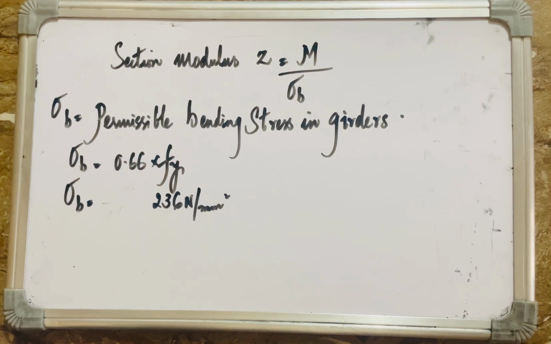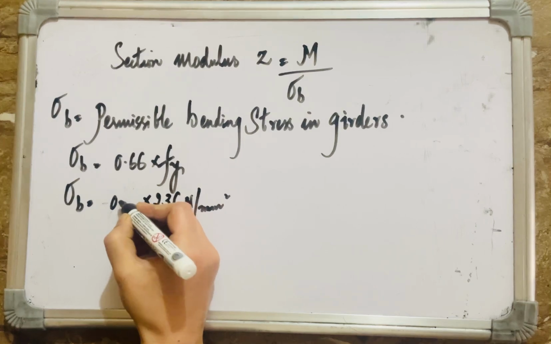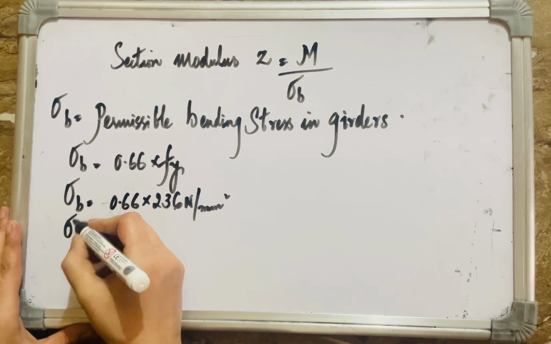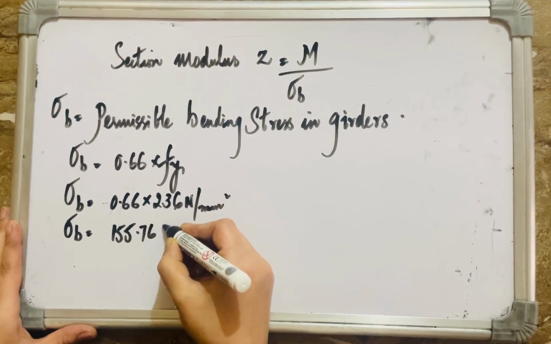So my permissible bending stress in girders is given by 0.66 multiplied by 236 Newton per mm square, which by calculations is equal to 155.76 Newton per mm square.